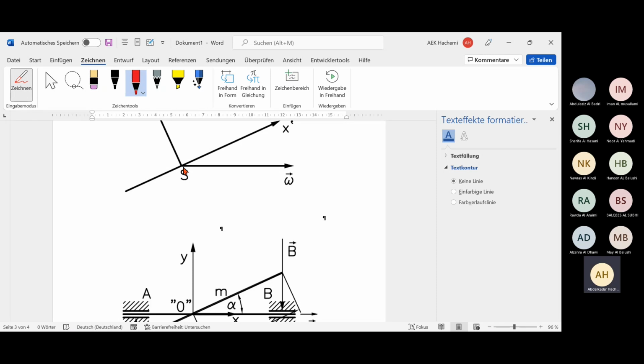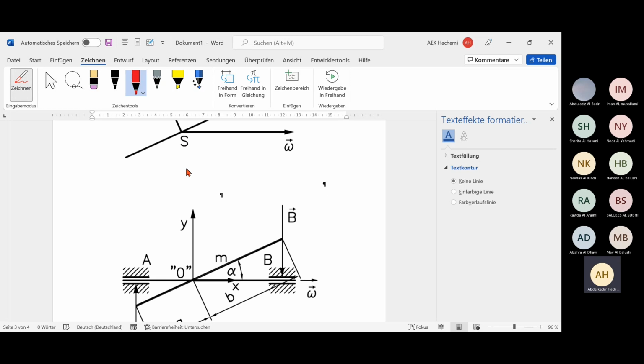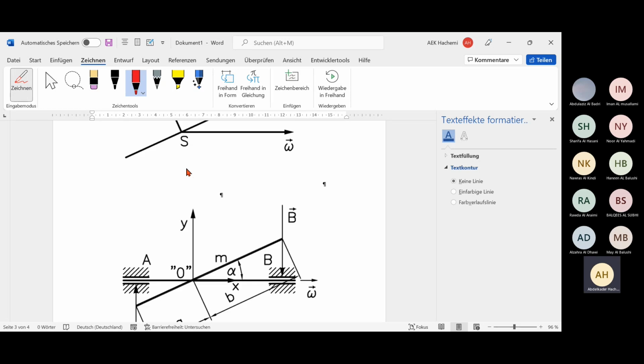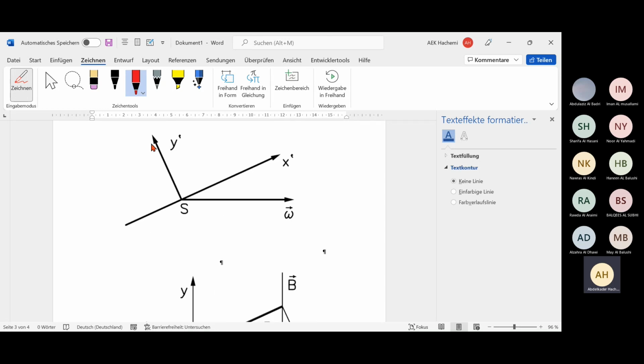If we use now x prime, y prime, the principal directions, omega has to be projected along x prime and y prime. Otherwise, it makes no sense. Then in this case, remember this, please: we are dealing with x prime and y prime. That means we always deal with the principal directions.